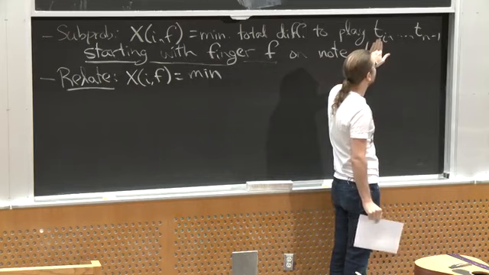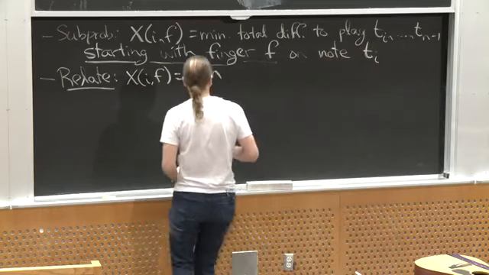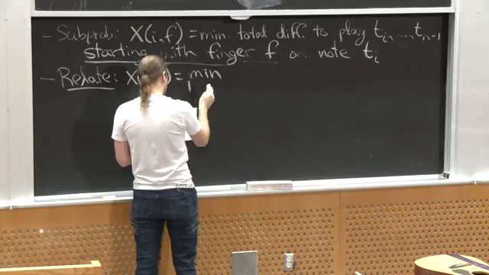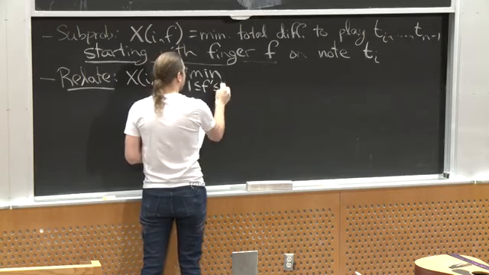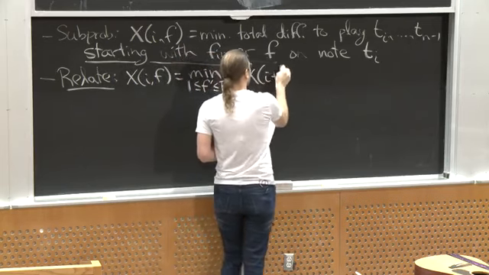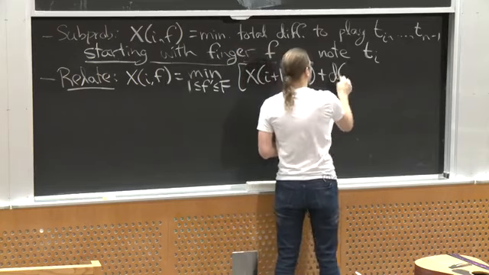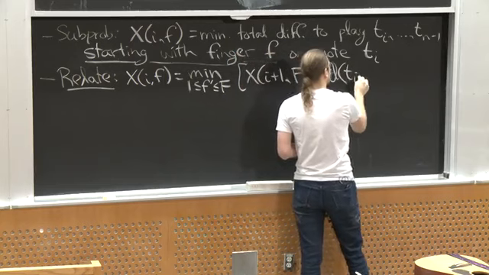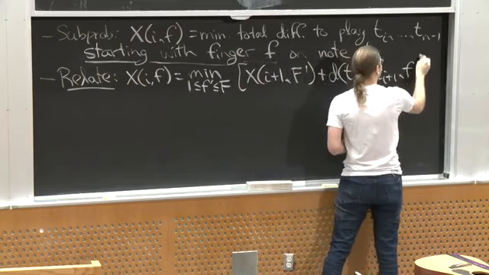Well, I guess what finger to use for the ti plus 1, the very next note. What is the next finger I use? I will call that f prime and minimize over f prime between 1 and capital F of the remaining suffix starting with f prime plus my difficulty function from ti comma f to ti plus 1 comma f prime.